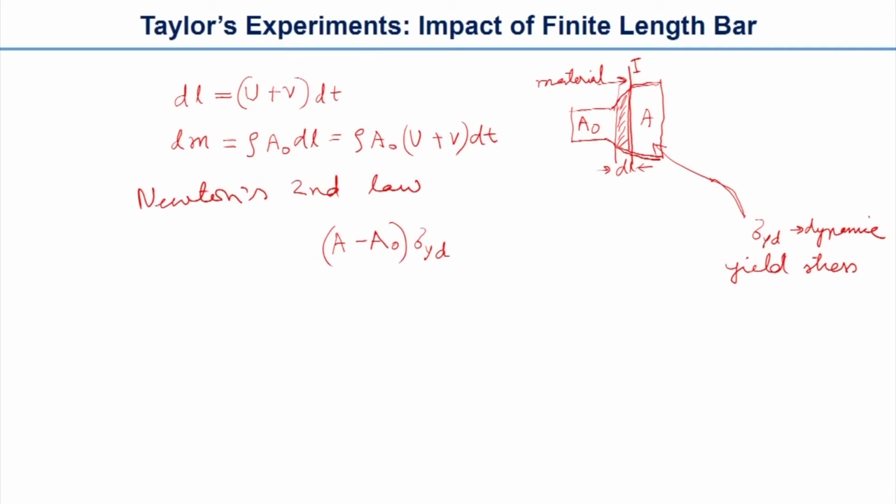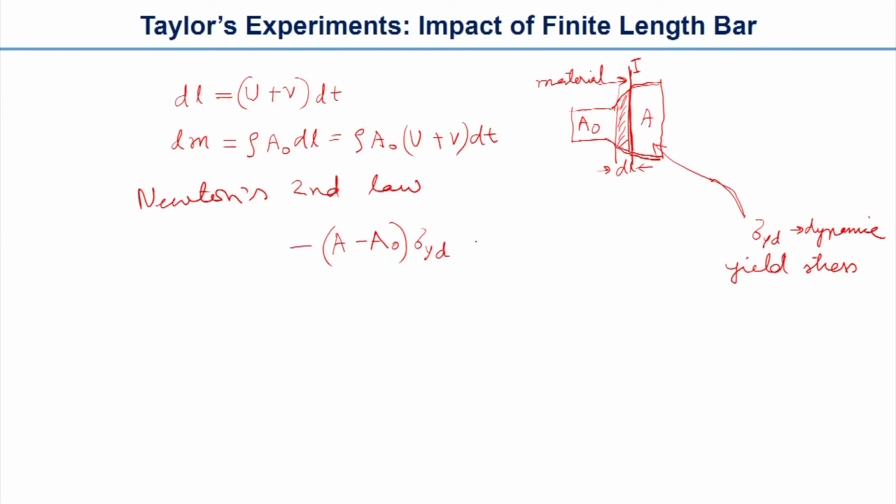It is the yield stress at the highest strain rate. Across the interface, this force will be (A minus A naught) into sigma yd, which is compressive, so it is equal to a minus sign.